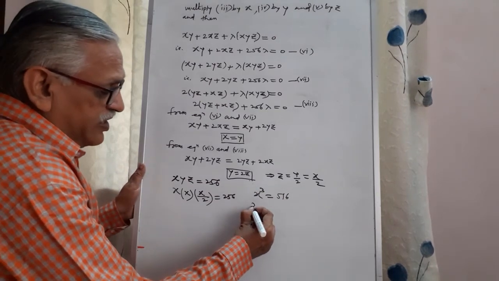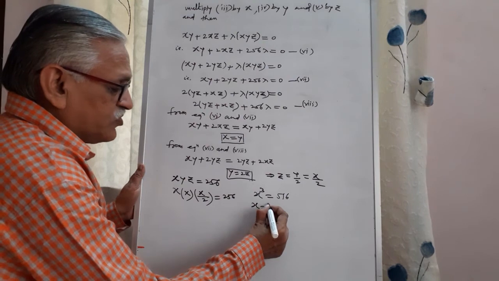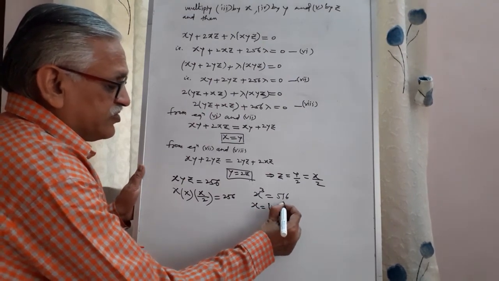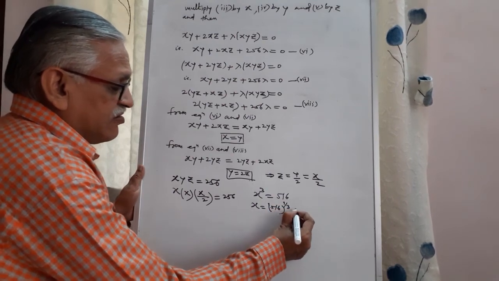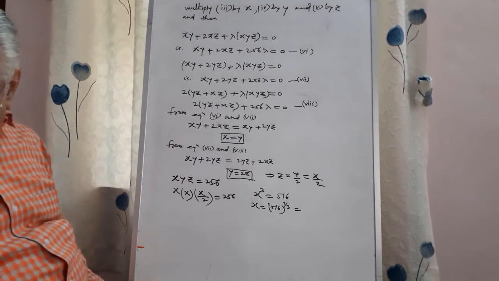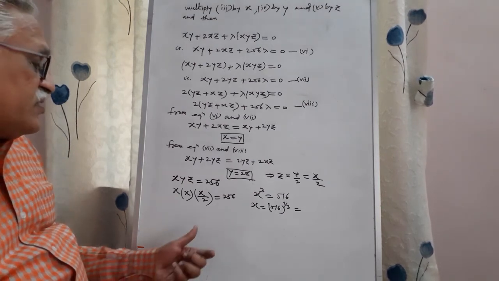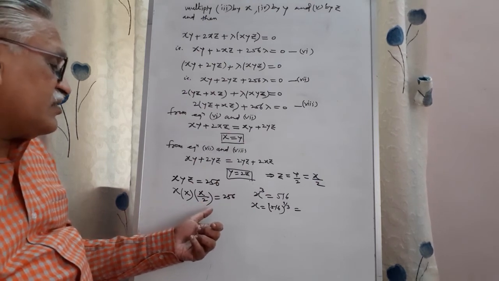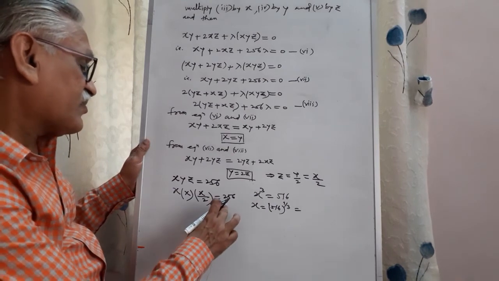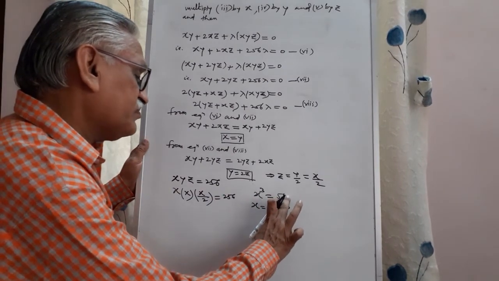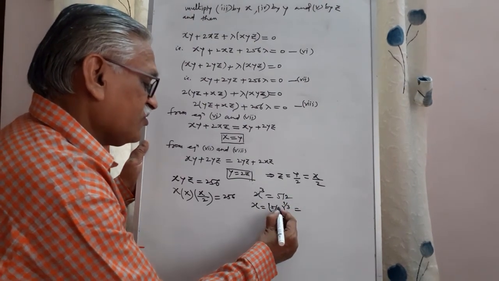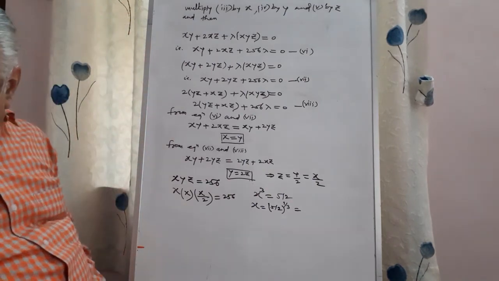Taking the cube root, we get x equals cube root of 512, and the cube root of 512 is 8.